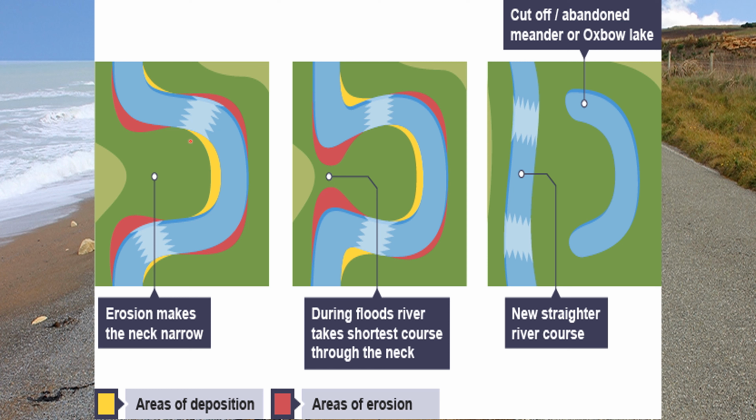You also start to get excess deposition here. Eventually this erosion gets so much that the river just chews through here, and the river follows the path of shortest resistance, so it just follows this straight path right here, and you're going to get deposition happening here. And so what eventually happens is this oxbow lake has gotten cut off from the river, and the river's following this new straighter path.